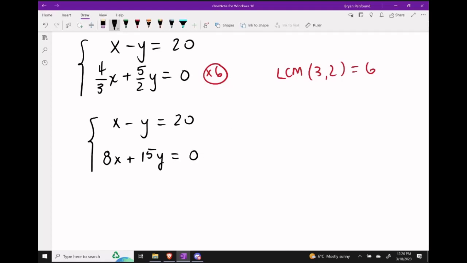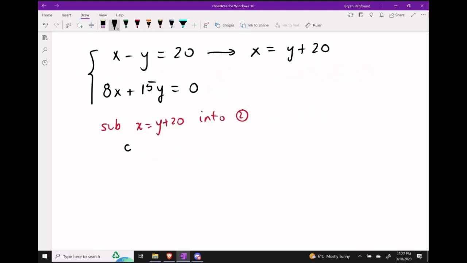Alright, now that we've dealt with the fractions, we need to determine whether substitution or elimination seems like an appropriate method to use. I notice that x minus y equals 20 is relatively simple, so what I can do is isolate x inside of equation number 1. x is equal to y plus 20.